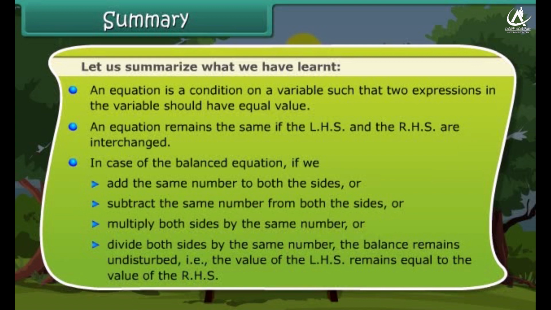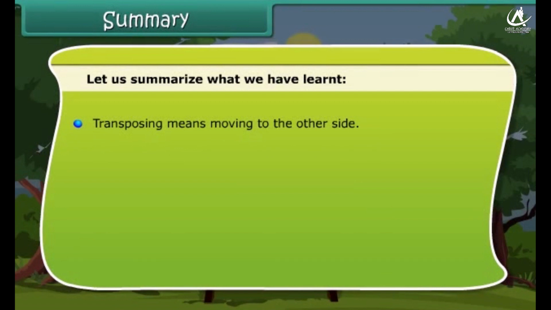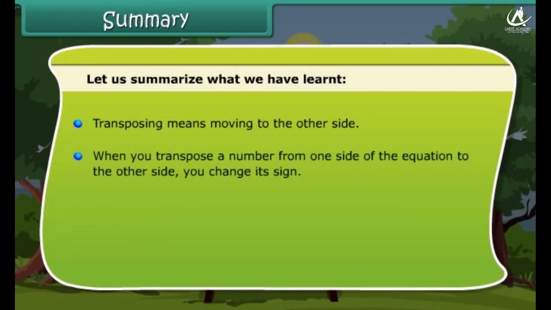That is, the value of the LHS remains equal to the value of the RHS. Transposing means moving to the other side. When you transpose a number from one side of the equation to the other side, you change its sign.